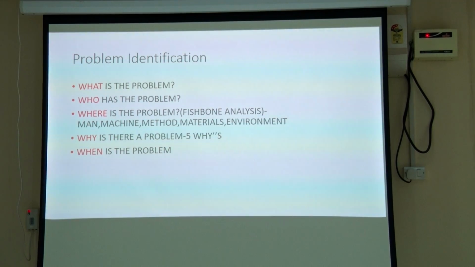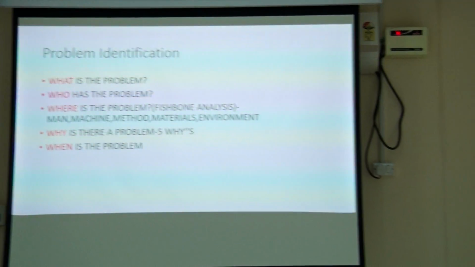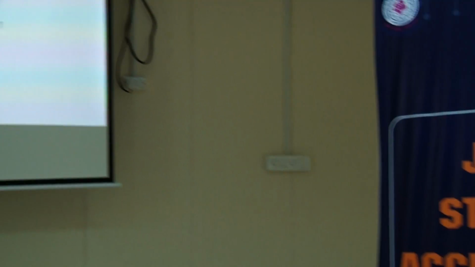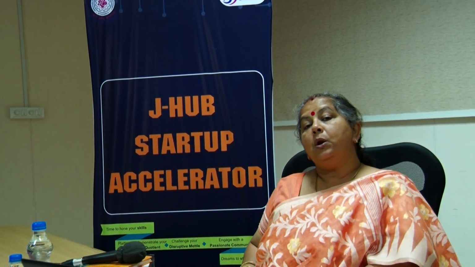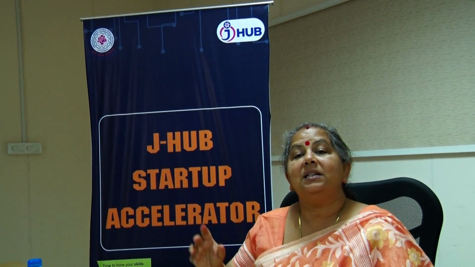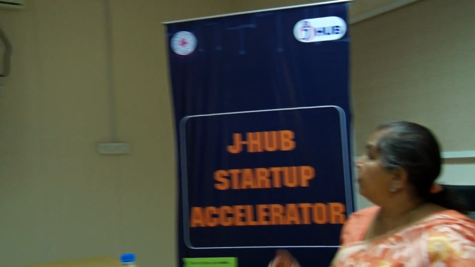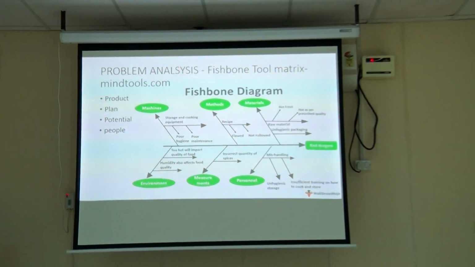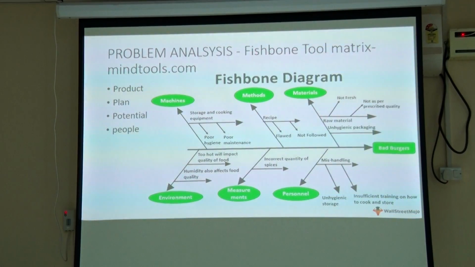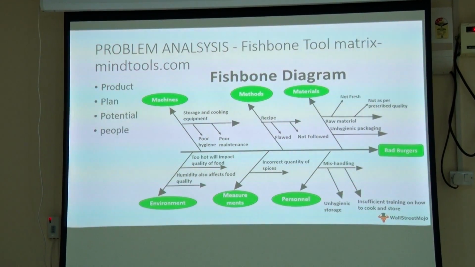Now, in order to ask where is the problem, problems can come from all quarters. So, a fishbone analysis can help us understand where the problem happens. In the fishbone, we look at the various angles of a fish, and you will see that the bones include machines.